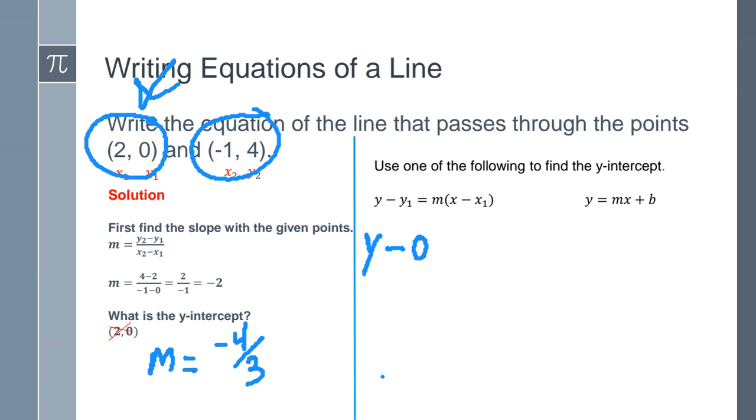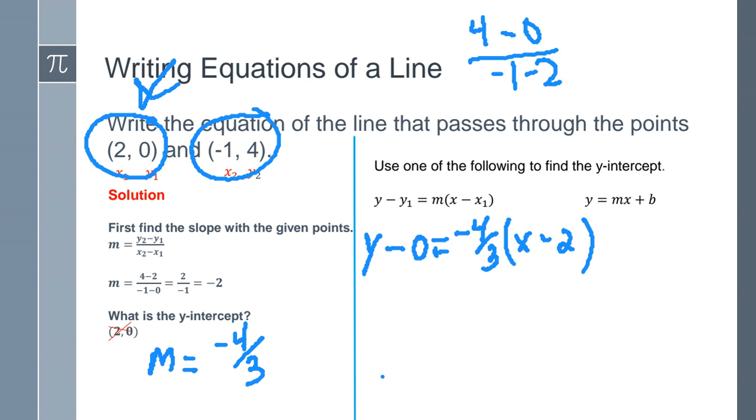Hopefully it's the right slope, because I don't remember, so let me just work it out again to make sure. So we get negative 4 and 3. Okay, now you want to simplify.